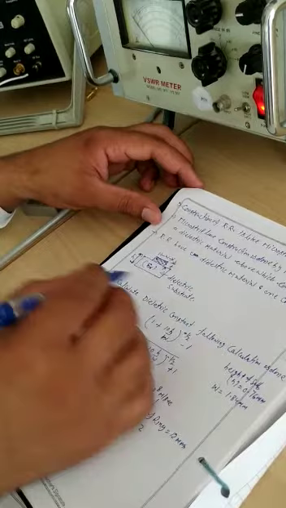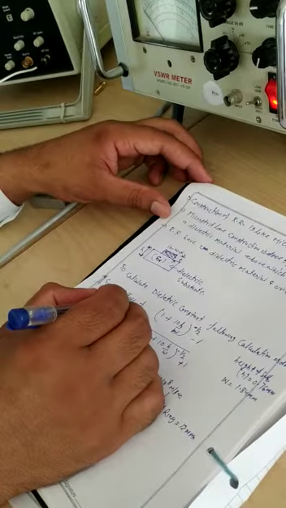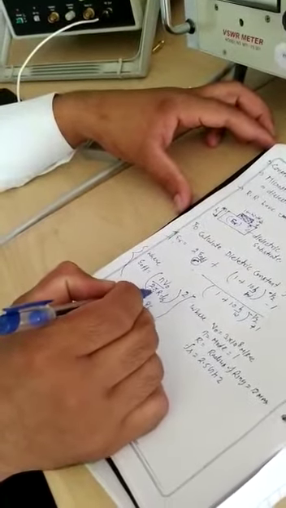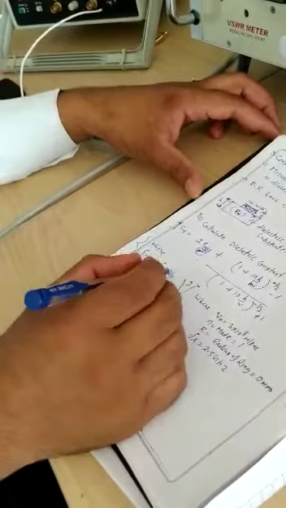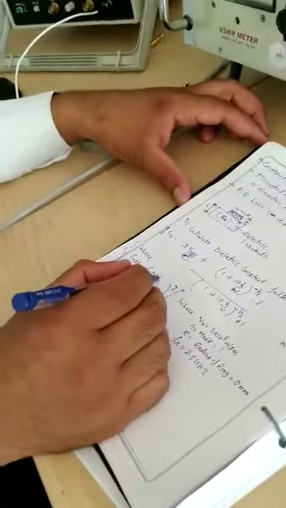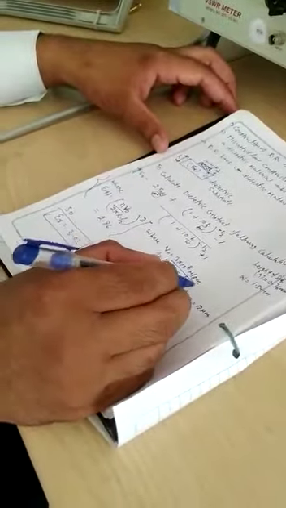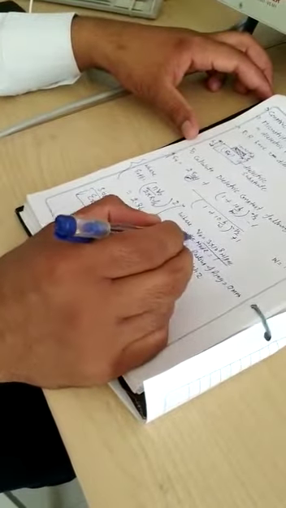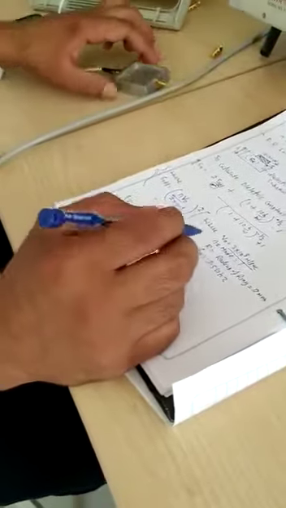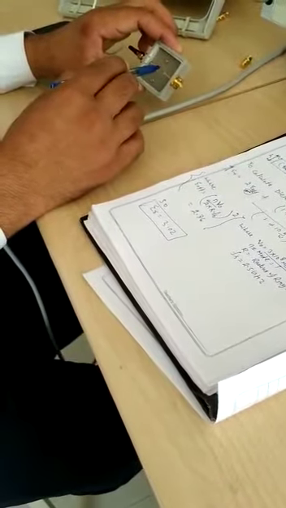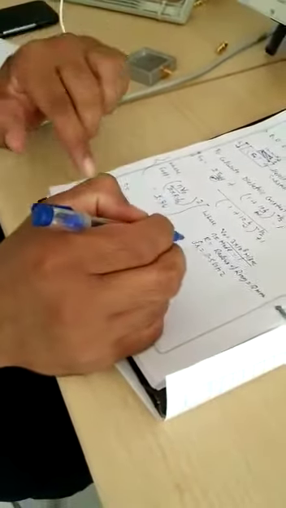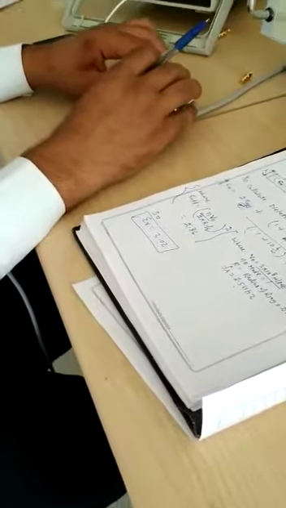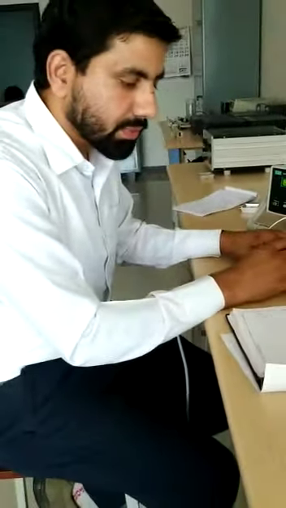Okay, so we need to calculate epsilon effective. The calculation of epsilon effective is done using this formula: V naught upon 2 pi r into fr, with n. Here V naught is the velocity of light in free space, which is 3 into 10 to the power 8 meters per second. n is the mode of operation, which is generally taken as 1. r is the radius of the ring resonator, and fr is the resonance frequency of this ring resonator that we observed in the previous step.